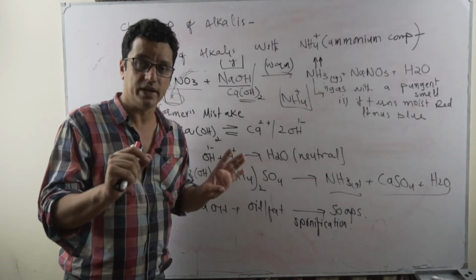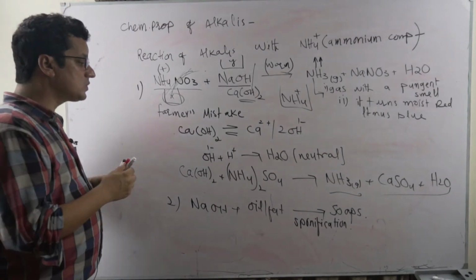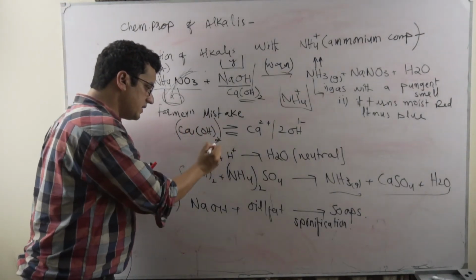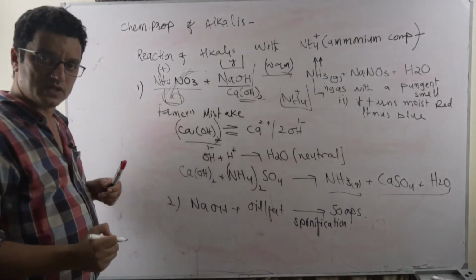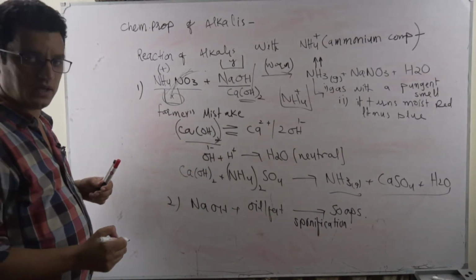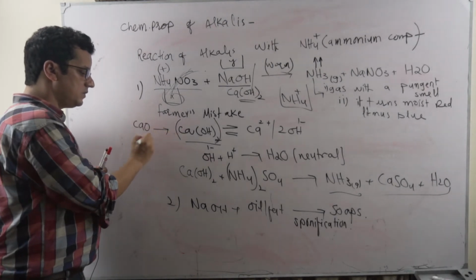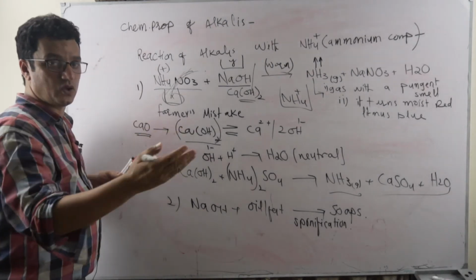Water. That was fine, but the mistake was they used to save some labor and time, they used to mix lime, calcium hydroxide, the slaked lime, okay, basically they mix calcium oxide, that turns into lime, that turns into slaked lime, and the soil has water.